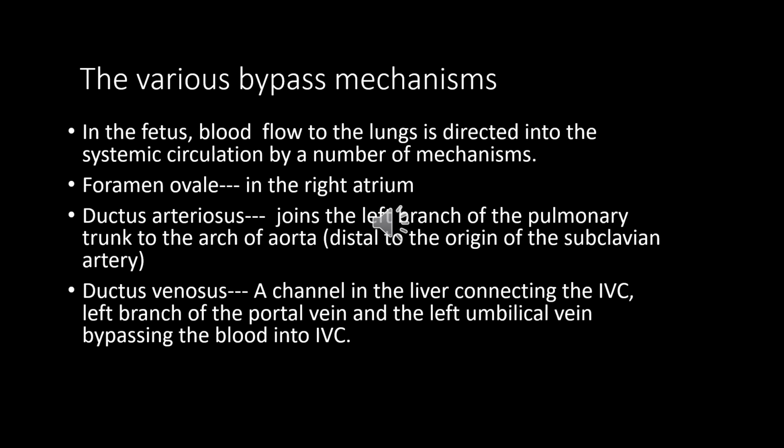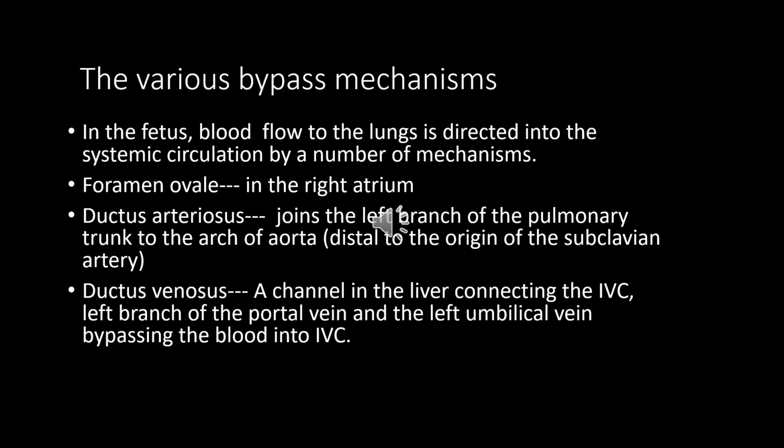This ductus venosus also does the same, since the liver doesn't require much of the blood which is coming through the portal vein, so it will shunt this blood from the liver to the inferior vena cava. From there it will go to the left ventricle and so on. So ductus venosus is another bypass channel.